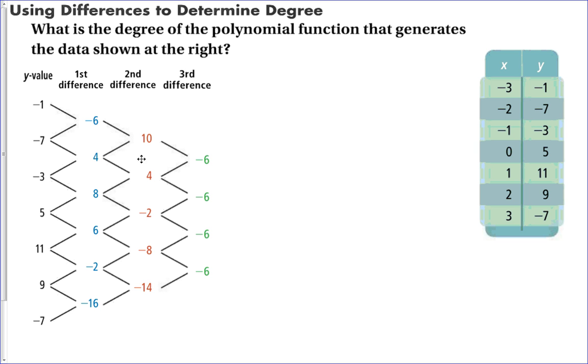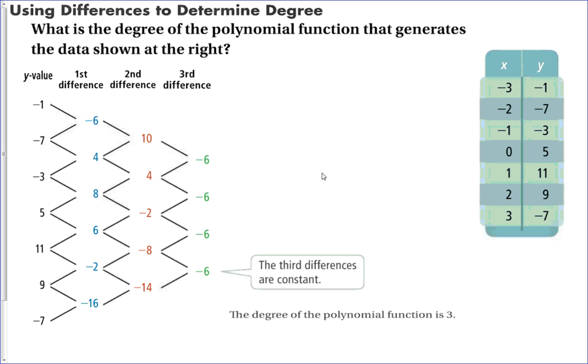Now, since these still weren't the same, we have to do it again. The difference between these two is -6. Between these two is -6, -6, -6. So since it took us to the third difference, since the third differences are constant, the degree of the polynomial function represented by this table is 3.